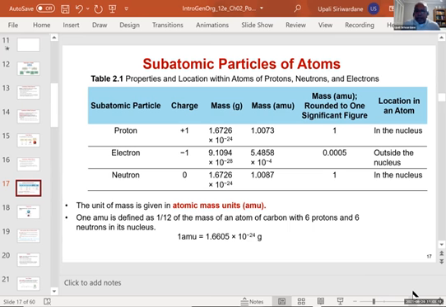But atoms are not indivisible. They have subatomic particles. When Dalton came up with his atomic theory, he thought atoms were indivisible, the ultimate particle, which is what atomos means in Greek. But we found out that the atom has subatomic particles.